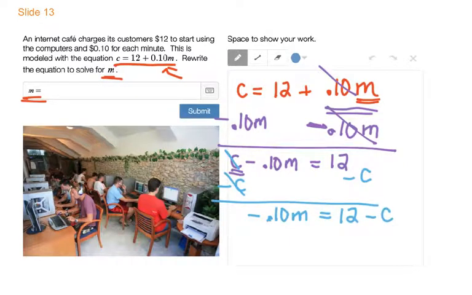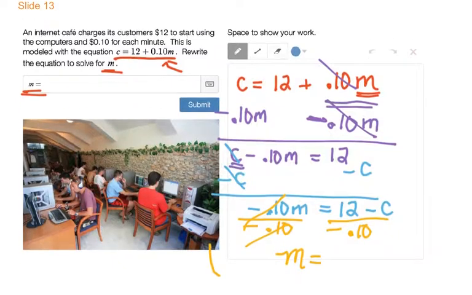I'm going to divide both sides by negative 0.10, negative 0.10. Therefore, that becomes 1M is equal to, and what do I have?